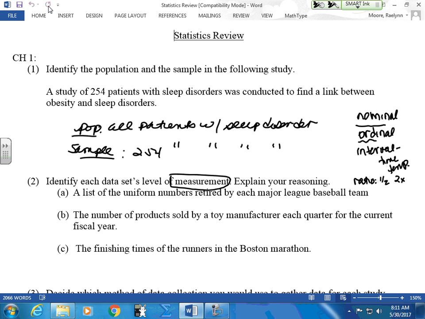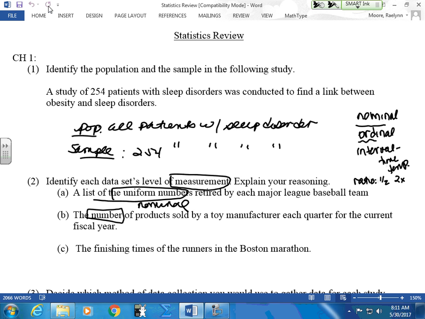So a list of uniform numbers retired by each Major League Baseball team would be what level? Nominal. This is the one I want, the uniform. The number of products sold by a toy manufacturer for each quarter for the current fiscal year. This is what I'm looking at, the number of products.